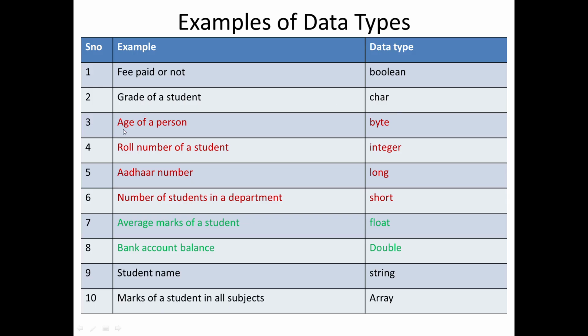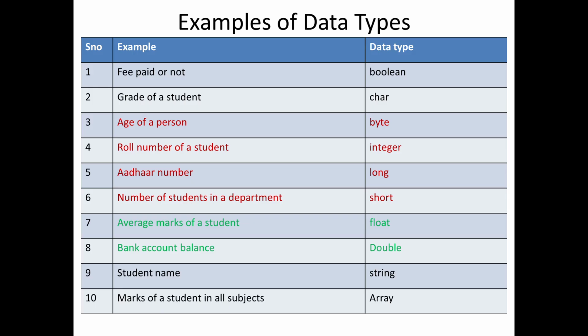Suppose you want to store the age of a person, we can use byte. Sometimes we can use integer also for age, but the age of a person will have a maximum value of approximately 100 or 110.